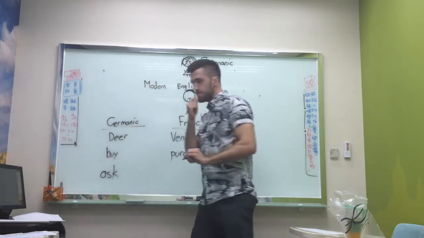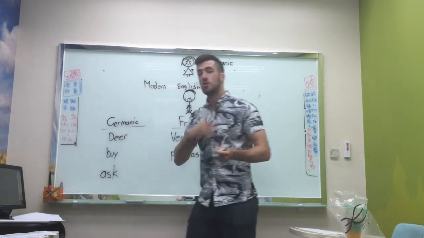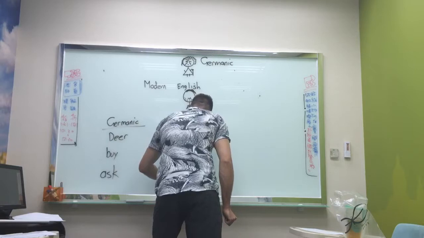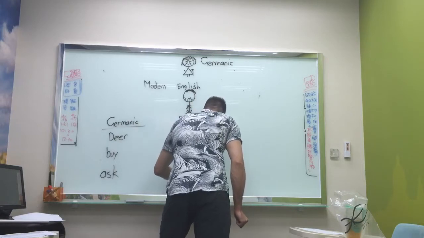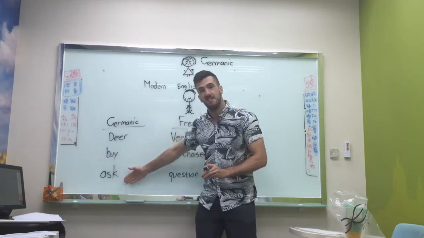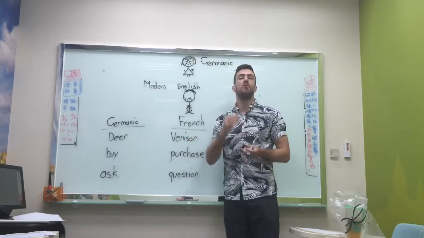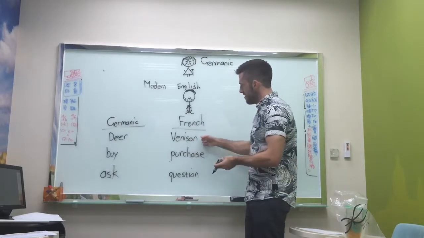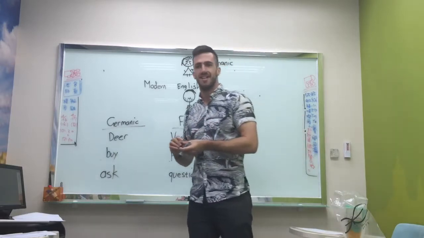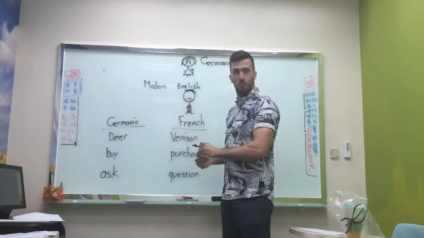Ask. And the French equivalent of this word is to question someone. So the Germanic root: deer, buy, ask. Very easy, very common. The French, the more elegant sounding version: venison, purchase, and question. I'm making myself sound very important and elegant, I hope.